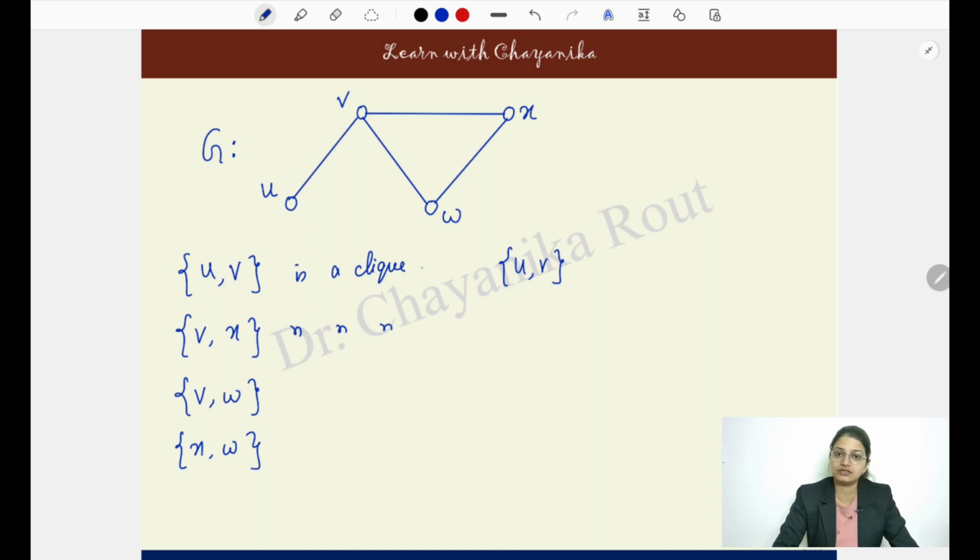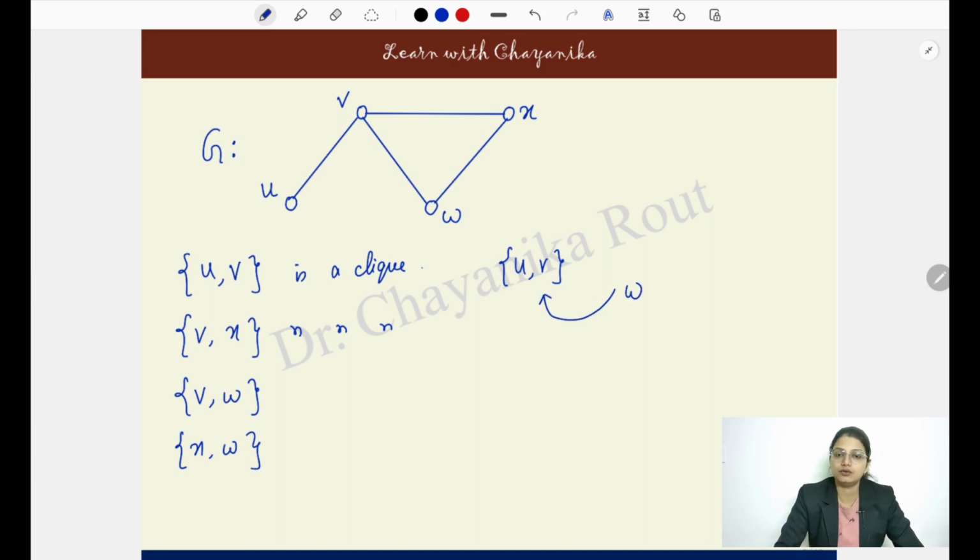So here I have the vertices UV. You have to check whether W or whether X can be included with U and V so that the resultant set of 3 vertices is also a clique. So think about it. If you want to insert W, can you?